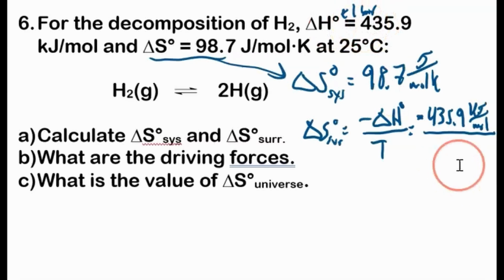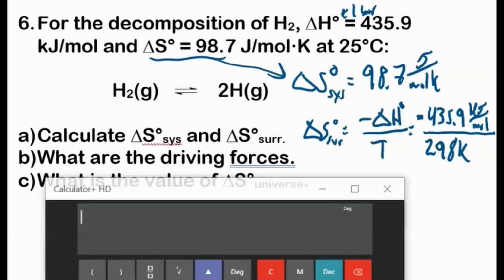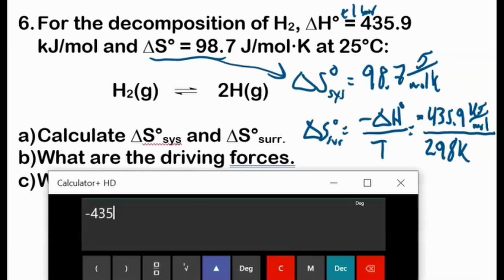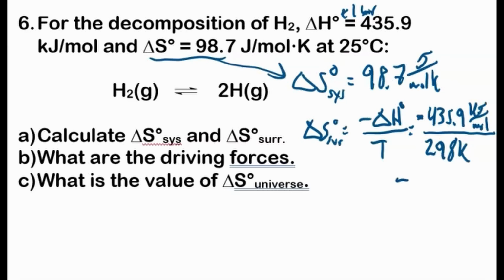Usually enthalpy changes are in kilojoules, but anyways, 25 degrees Celsius, so we want that in Kelvin, 298 Kelvin. Alrighty, so we'll plug that into our calculator. Negative 435.9 divided by 298 is negative 1.46. How many sig figs? Three sig figs. Negative 1.46 kilojoules per mole Kelvin. So that's the change in entropy of the surroundings.